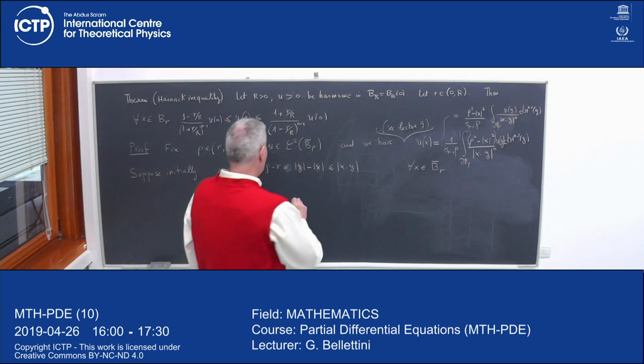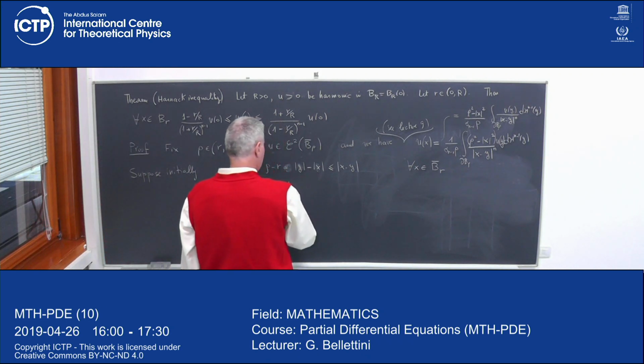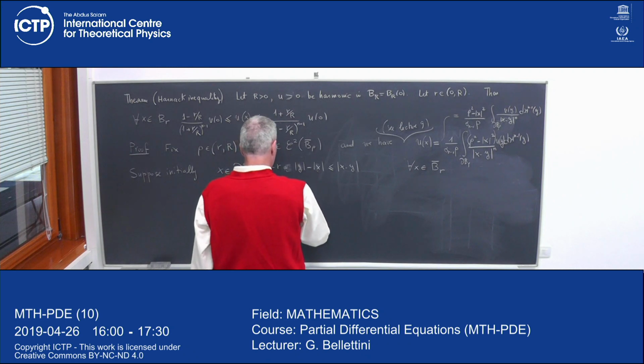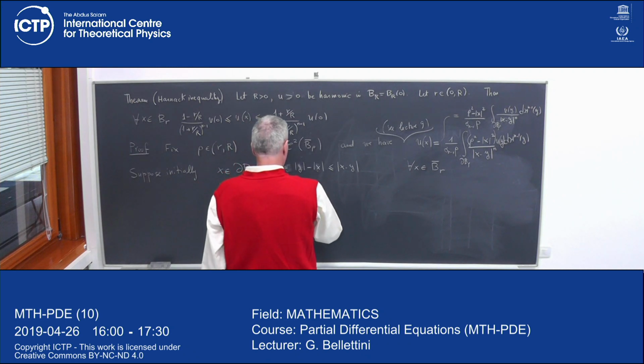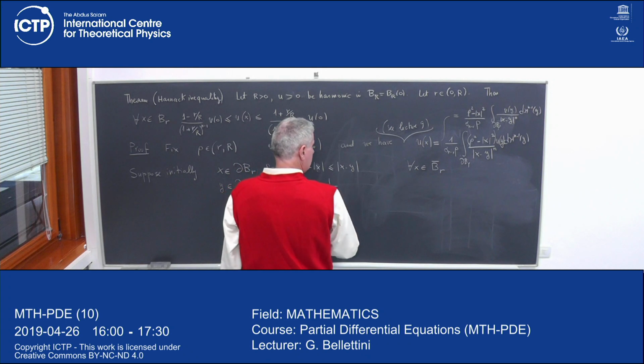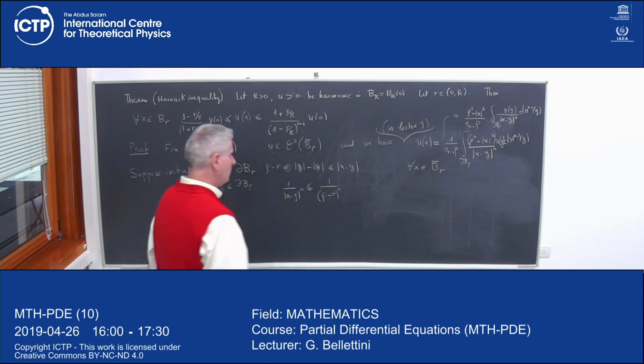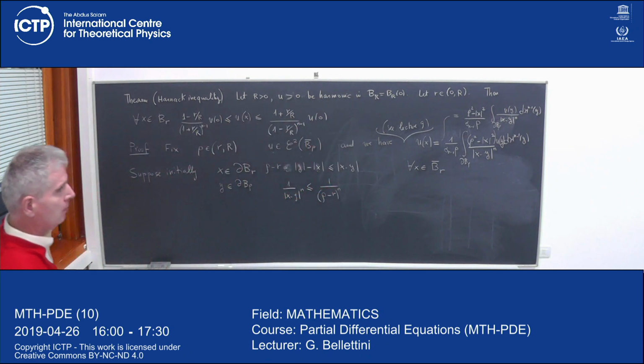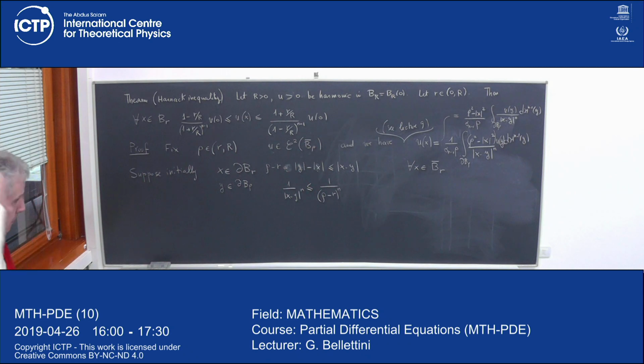So, therefore, 1 over x minus y to the n is less than or equal to 1 over rho minus r to the n.